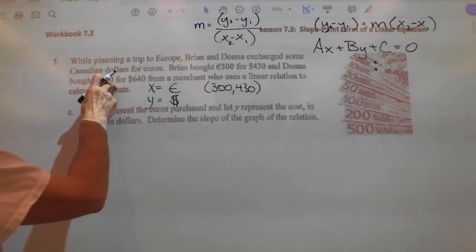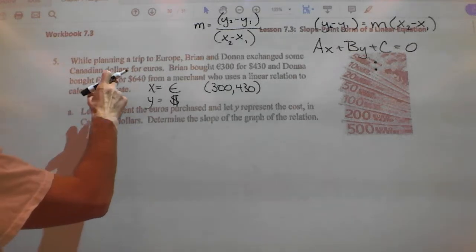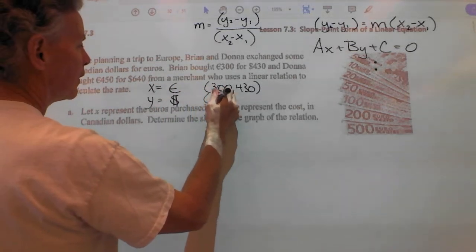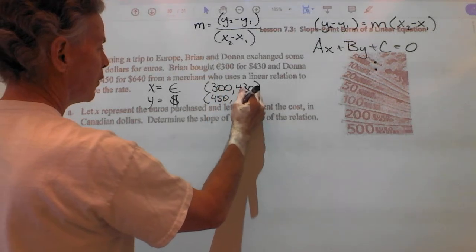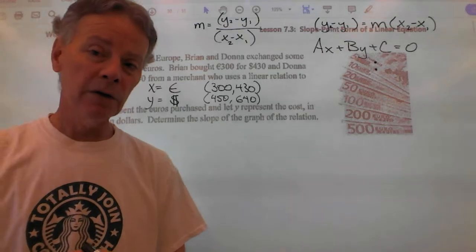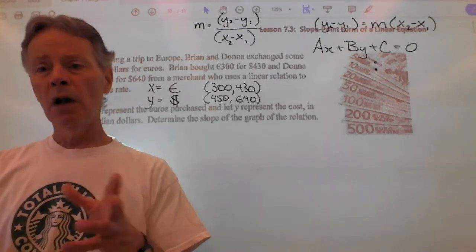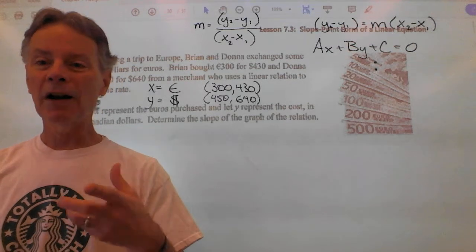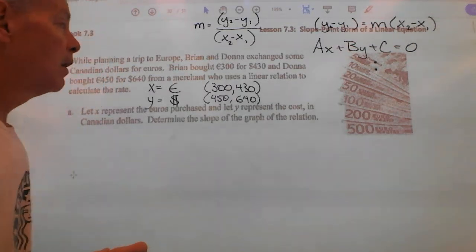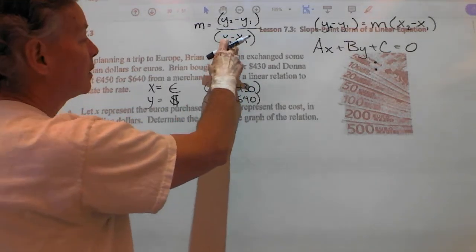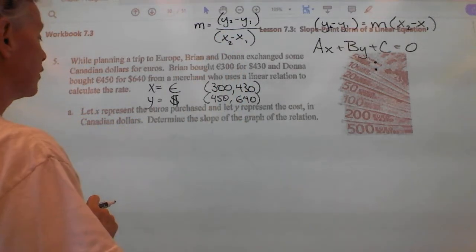And also, we have another point here with euros and dollars, 450 for the euros, 640 for the dollars. So we do have 2 points. This is where the whole word problem difficulty comes in. You've got to kind of translate first.